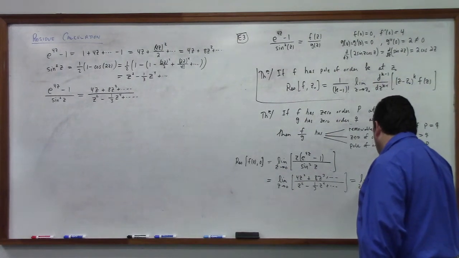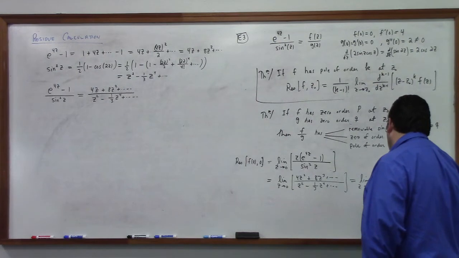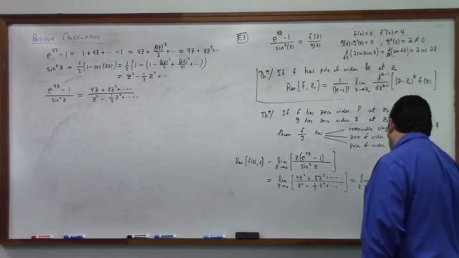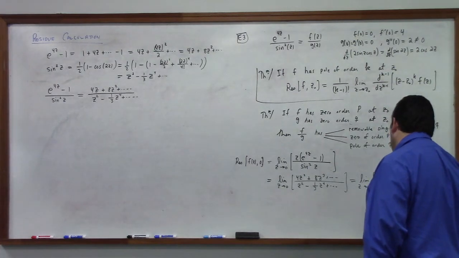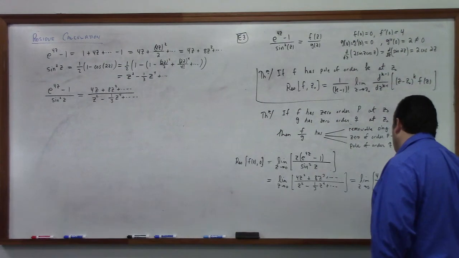In so doing, you get a 4 plus 8z plus dot dot dot on top, and a 1 minus 1/3 z squared on the bottom. z cubed over z squared is z, z to the 4th over z squared is z squared, yeah?